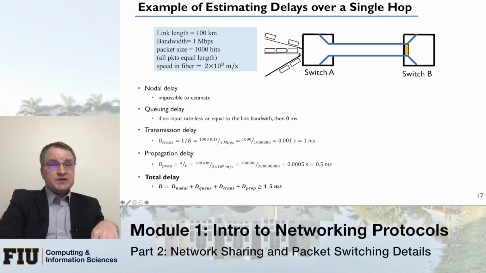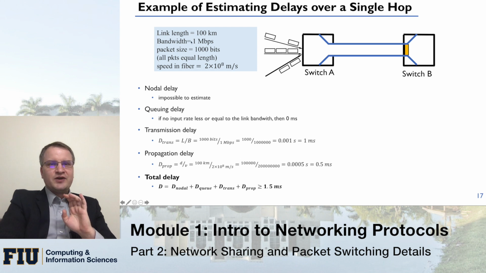Finally, the propagation delay really depends on link length, and if you consider this 100 kilometers, it's not in miles, but in kilometers, you can easily calculate it based on the parameters I gave you. For a fiber link of 100 kilometers, this would be 0.5 milliseconds. Okay, the example is a little bit silly.